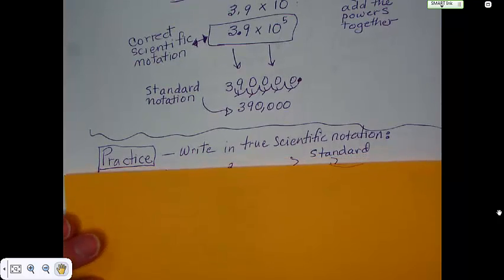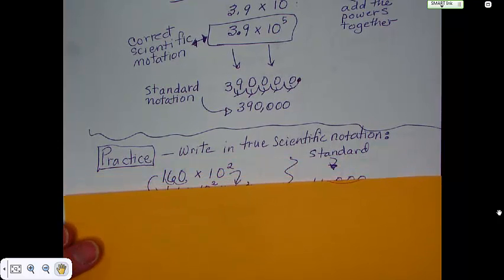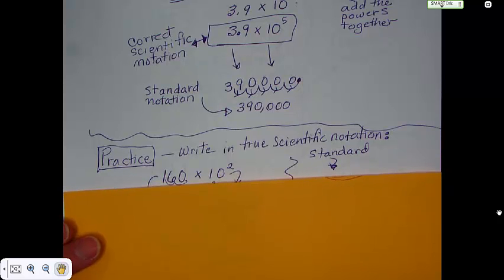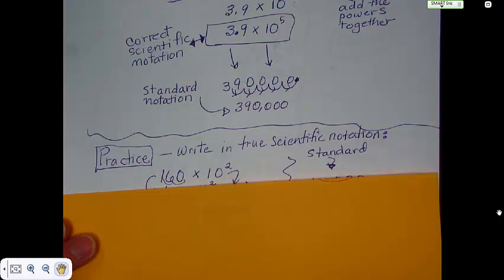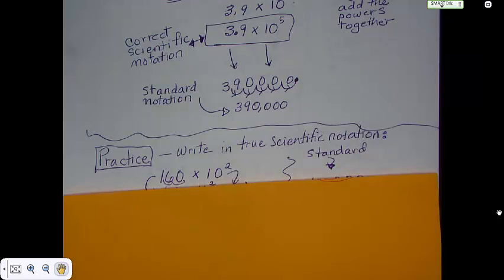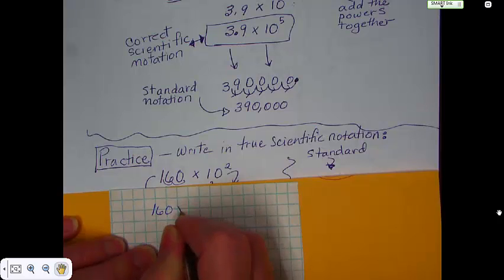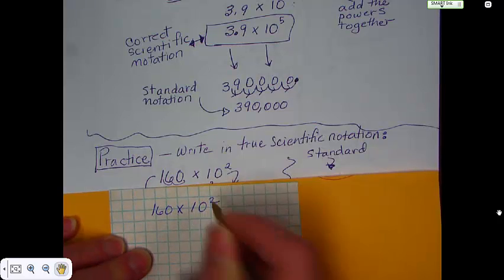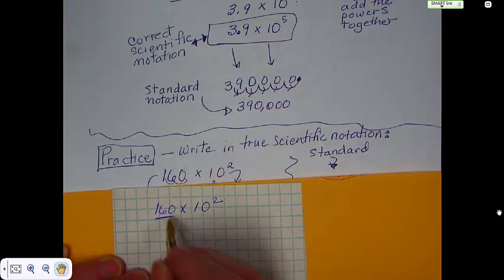Okay, here's a practice problem. Write in true scientific notation and then in standard notation. So you've got 160 times 10 to the second power. Well, again, we have to concentrate on the 160 first.